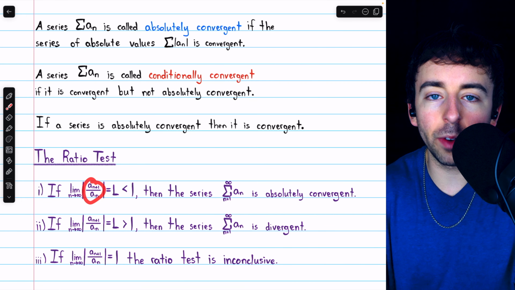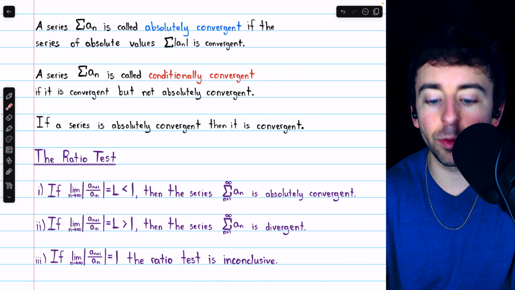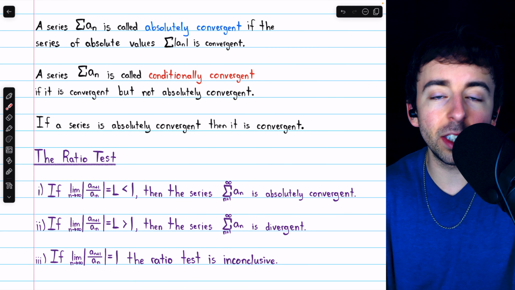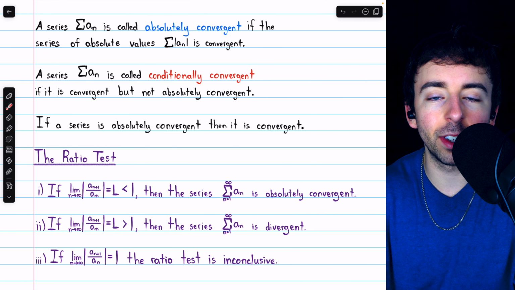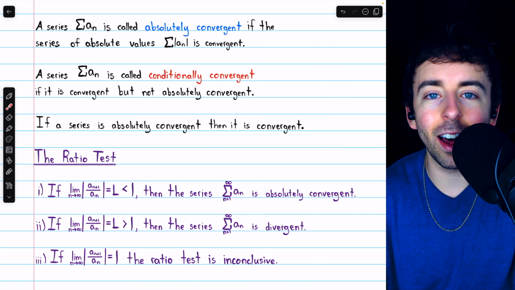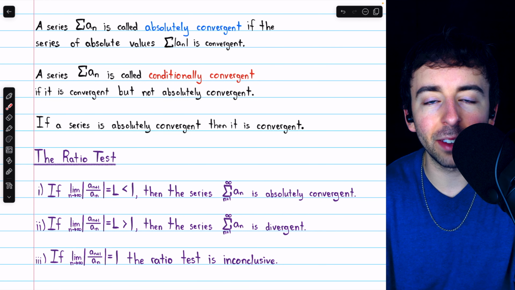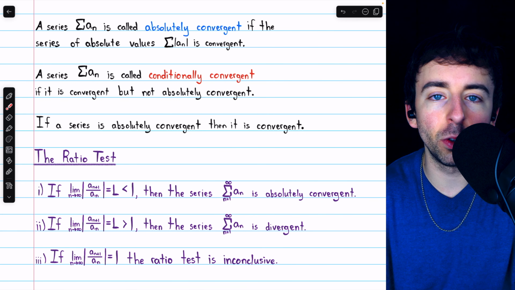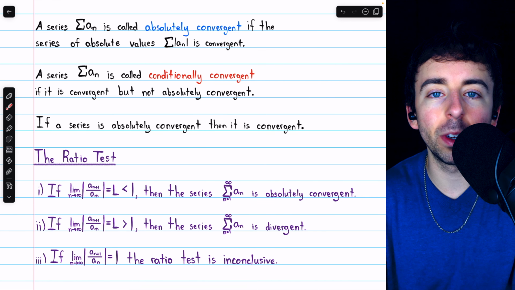If the ratio of consecutive terms at infinity is approaching something less than 1, then overall the terms of the series are decreasing quickly enough for the series to converge. This is actually a lot like the geometric series test, where if the ratio of a geometric series has a magnitude less than 1, you know the series converges.